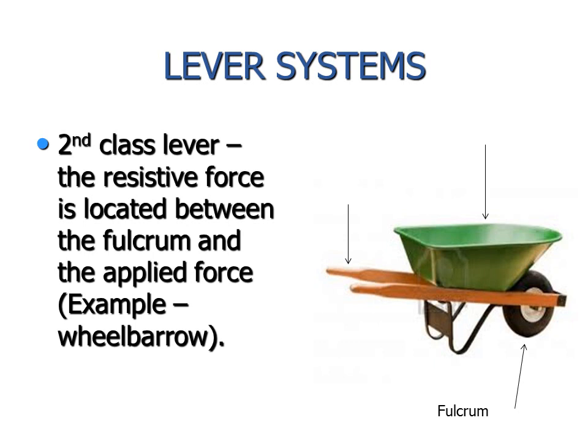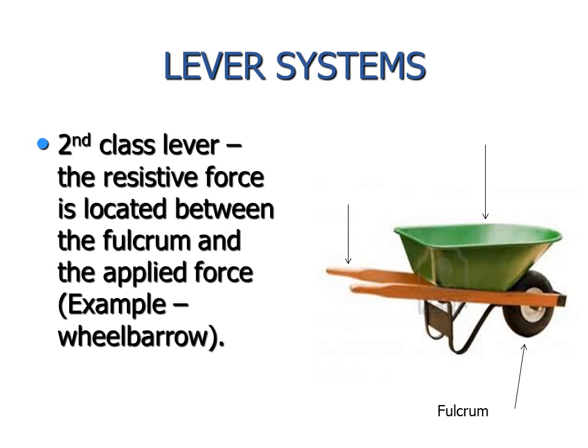Now, with a second-class lever, the resistive force is located between the fulcrum and the applied force. Or stated another way, the resistive force and the applied force act on the same side of the fulcrum. So, a classic non-anatomic example of a second-class lever would be a wheelbarrow.